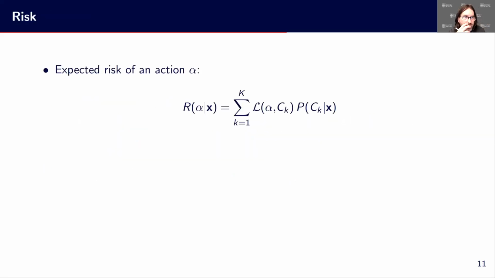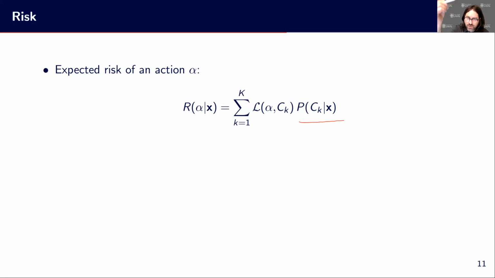And from that, we are computing the expected risk. So let's say that we are making an action alpha. That action alpha corresponds to the sum over all classes. And we are looking at the loss of making decision alpha given that Ck is the real label, times the posterior probability. This is where we get back the posterior probability and say, okay, the posterior probability is the probability that X is coming from class Ck.